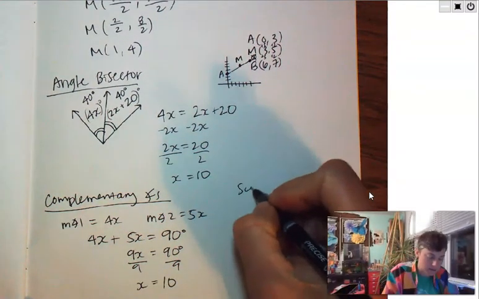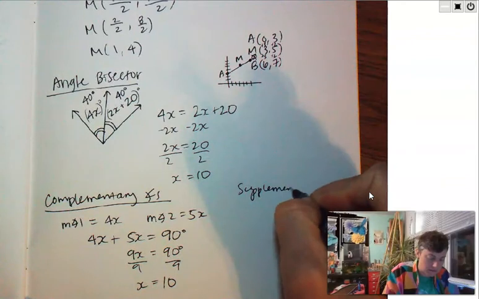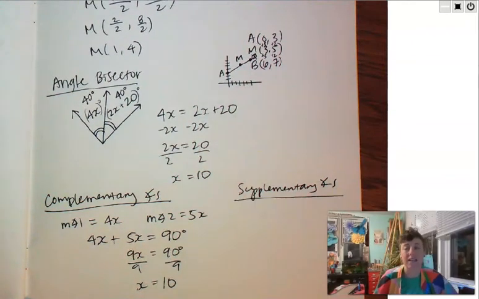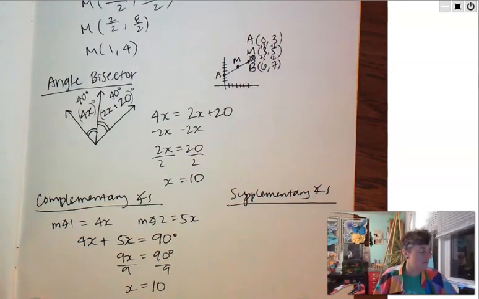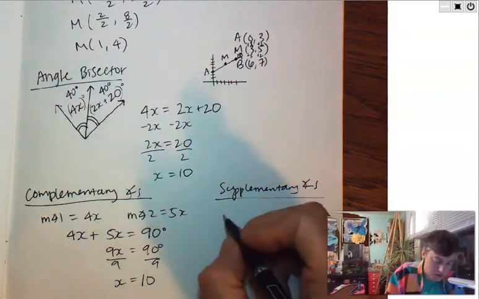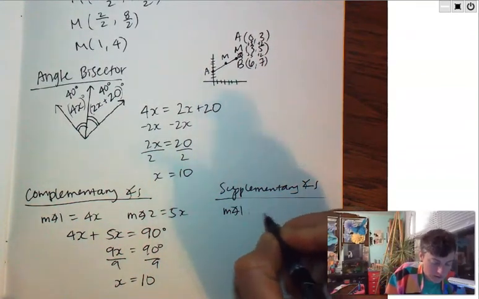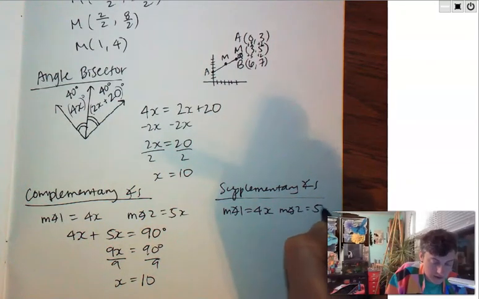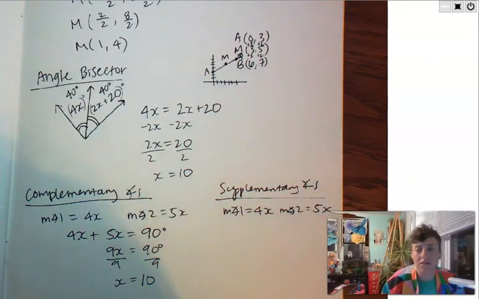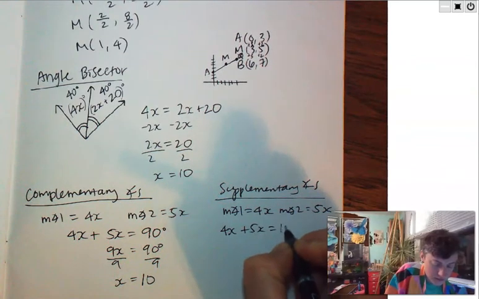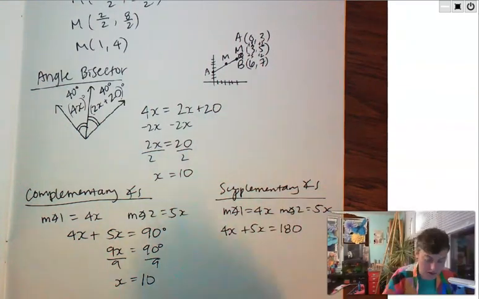Now supplementary, those guys add to 180. So if, for example, I had the exact same situation where the measure of angle 1 equaled 4x and the measure of angle 2 equaled 5x, and I knew they were supplementary angles this time, I would know that 4x plus 5x equals 180 degrees.